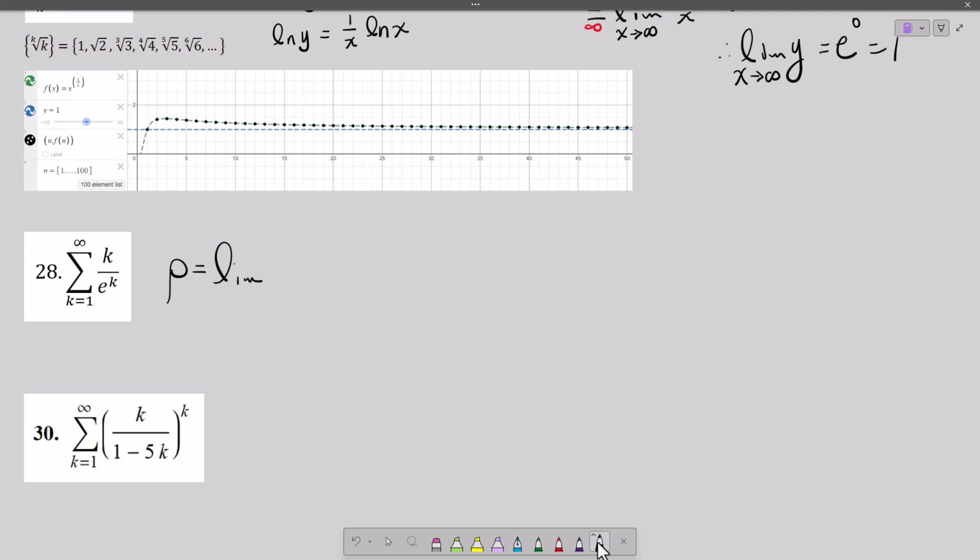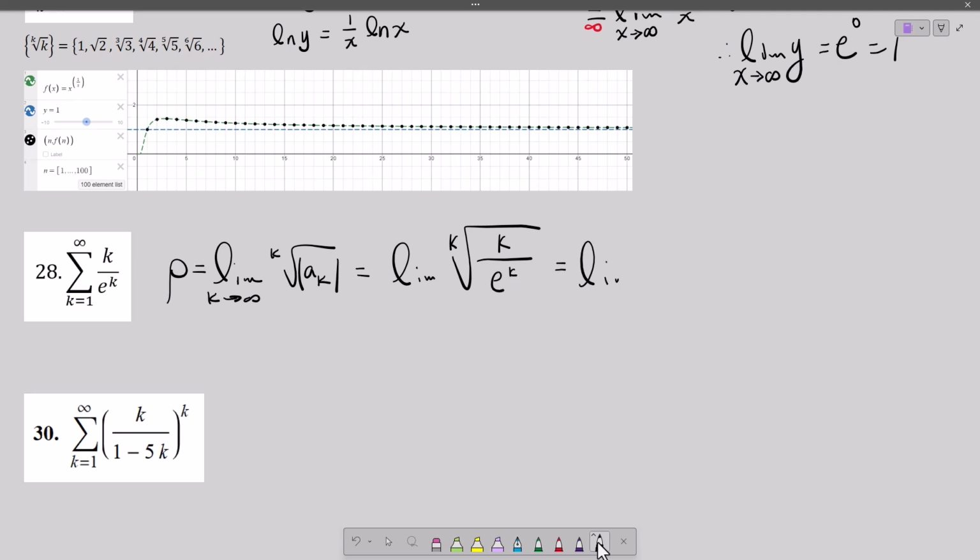So we're going to take the limit as k goes to infinity of the kth root of the absolute value of a sub k. We have a series that has no negatives, so the absolute value is redundant, we don't need it. So we have the limit of the kth root of k over e to the k.